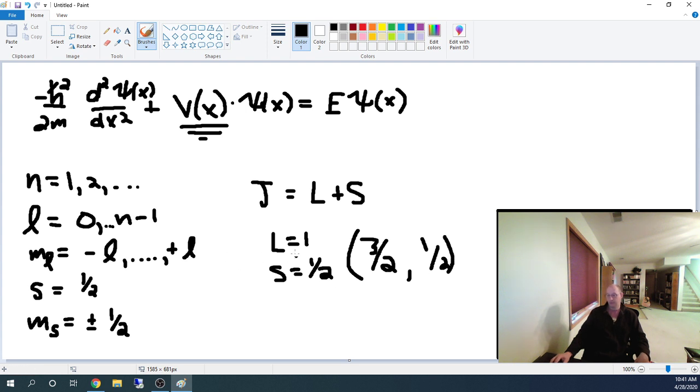If L is 2 and S is a half, then it could be 5 halves or 3 halves, that's it. And so on and so forth. So I want you to be able to know how to add these angular momenta.